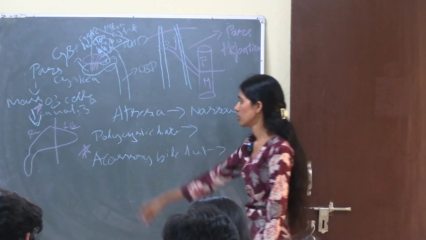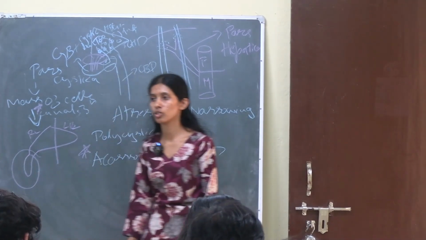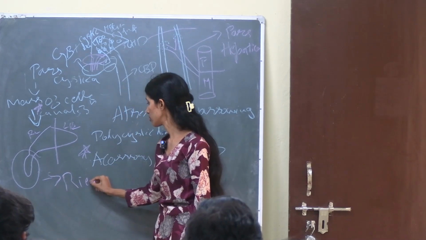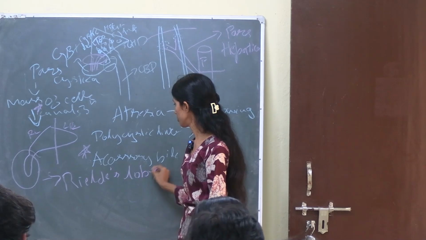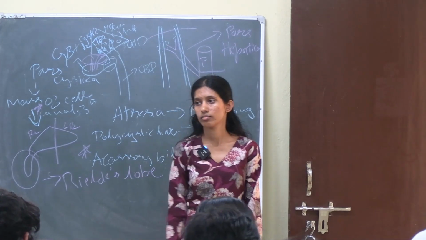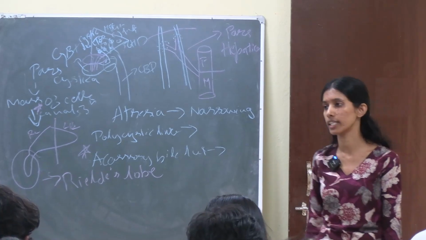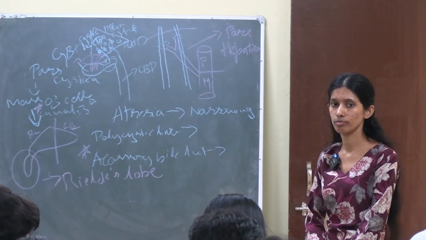This structure is called Riedel's lobe. This is one more condition and it can be easily removed through surgery.